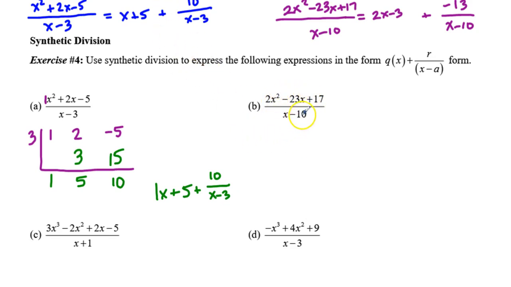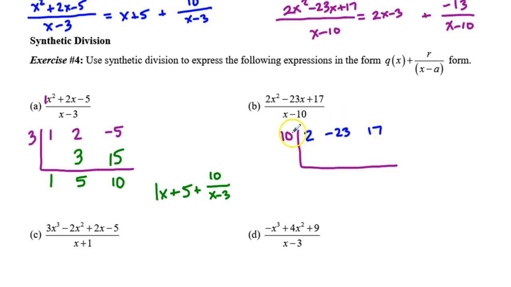All right, let's walk through this second example. Again, change the negative 10 to be its opposite, and make this structure that we can do our synthetic division in. Why don't you put in the numbers across the top using the coefficients? Hopefully you wrote 2, negative 23, and 17.